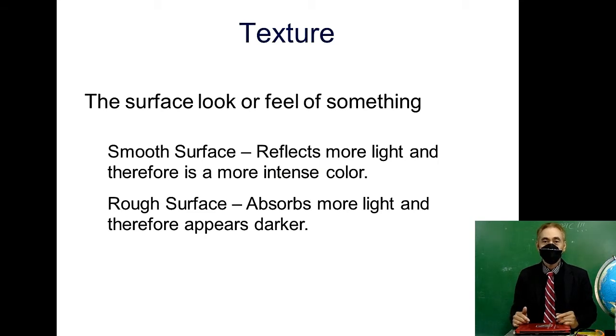Let's go to texture. The surface look or feel of something is called texture. A smooth surface reflects more light and therefore has more intense color. A rough surface absorbs more light and therefore appears darker.